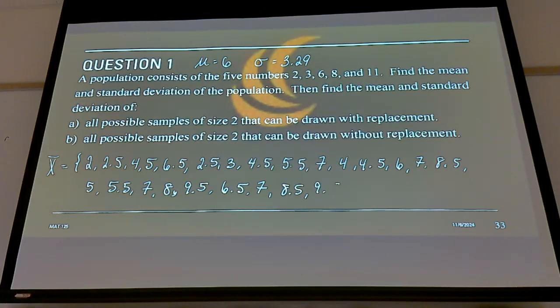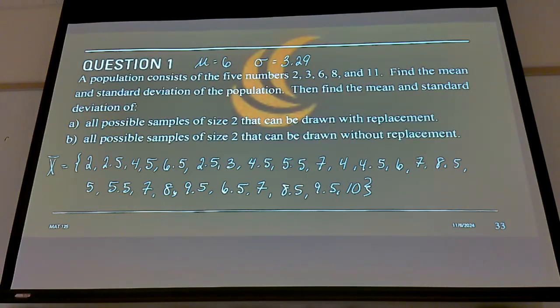I better write that down. There's x bar. Now we get to find the mean and the standard deviation.